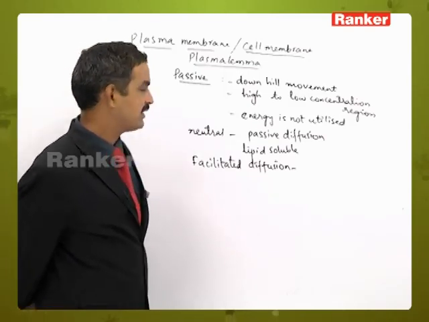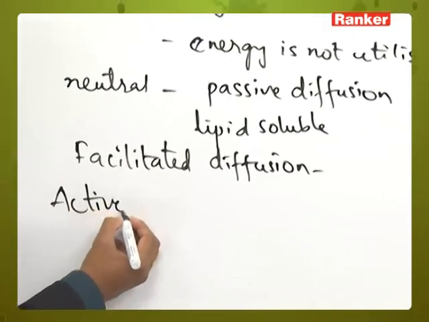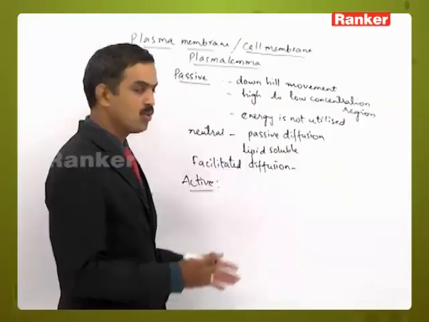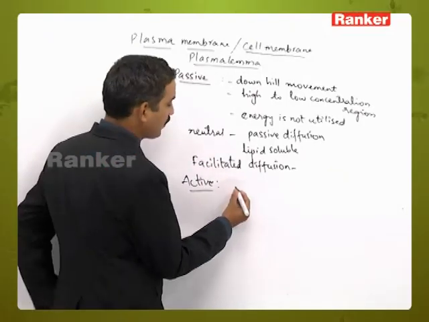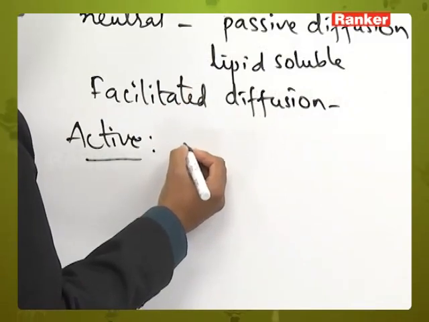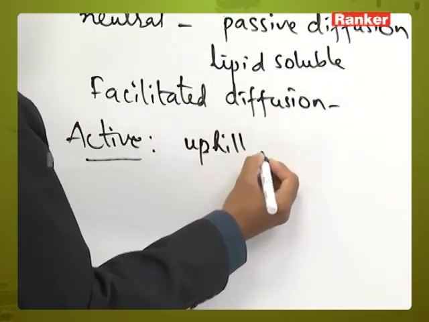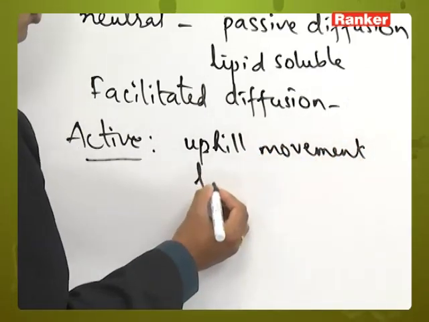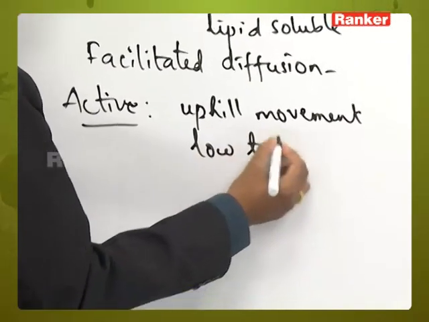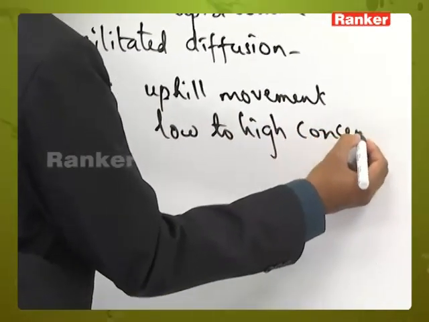Then apart from this, there is one more method called active diffusion, or active movement, or active transportation, where the movement of the substances is always in the uphill direction, or otherwise from low concentration region to high concentration region.